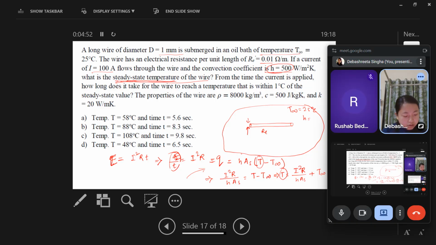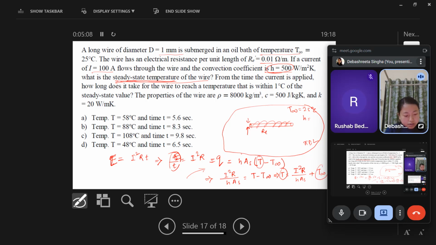AS is again the area, so A is given by 2 pi RL or simply pi DL. So just calculate how much it is coming.